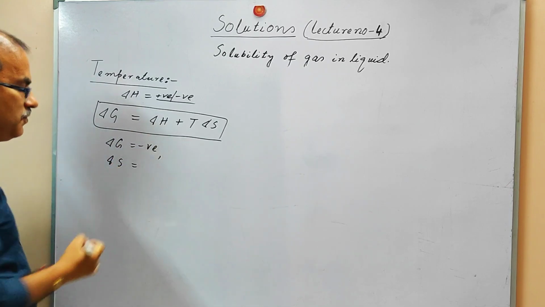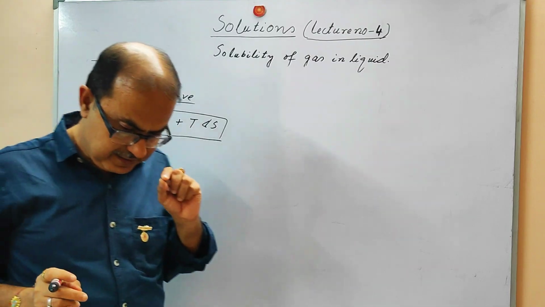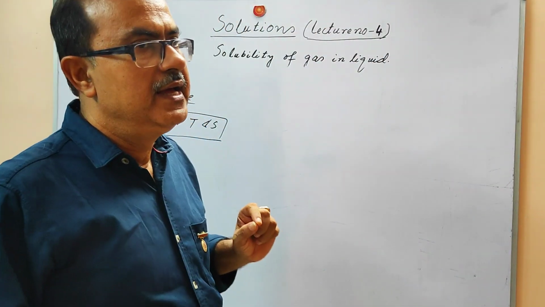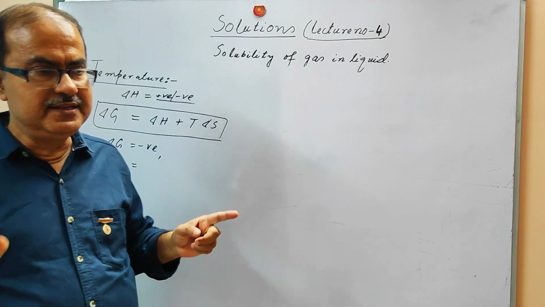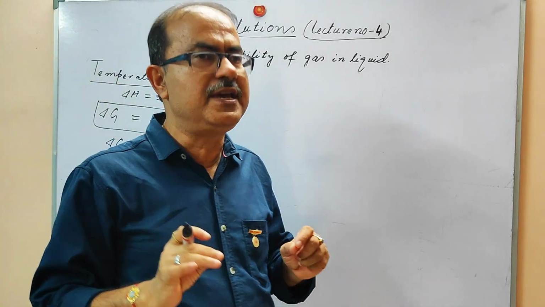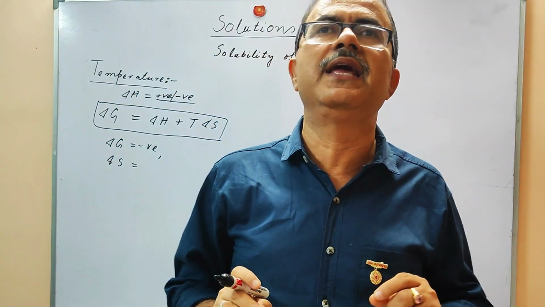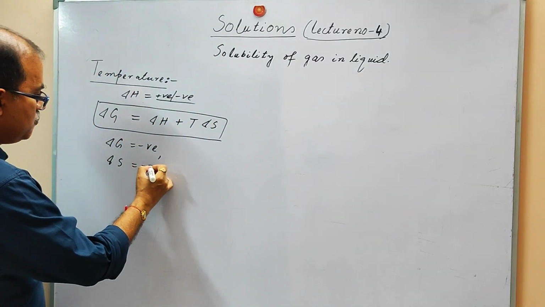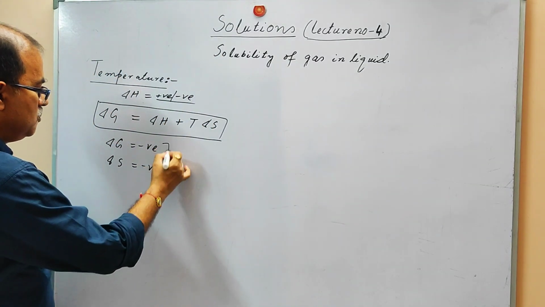What about the entropy change? As the gas has been dissolved in the liquid, there is no specific arrangement of the gaseous particles in the liquid. So we can say entropy change will also be negative.